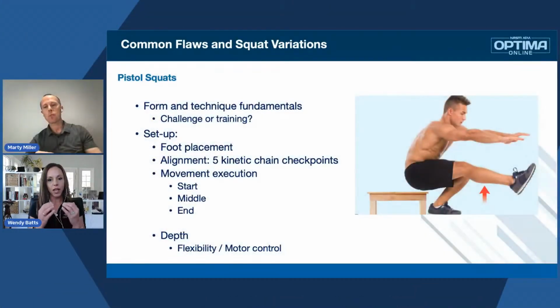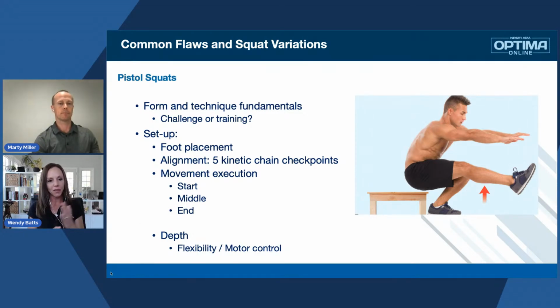If you're going to incorporate a pistol squat, and if you look at this gentleman in the picture, it's really important to think, if you're going down that low, you need to have at least 15 to 20 degrees of dorsiflexion, which is the ideal range of motion in the ankle. Because the feet often turn out, that is a very common compensation. Usually people are restricted in that particular joint.